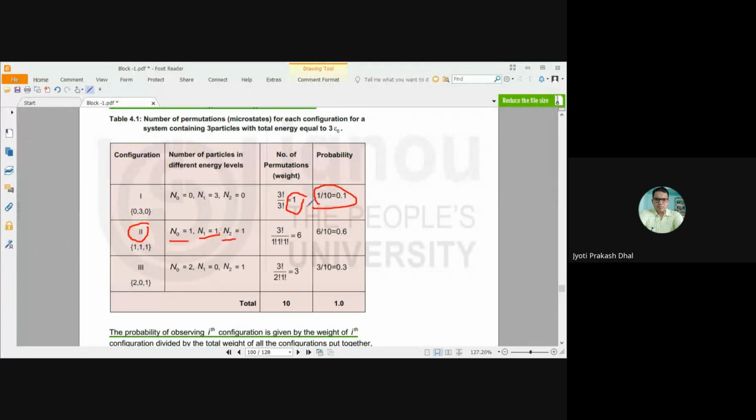So here the number of permutations, the W value, equals n factorial divided by N0 factorial into N1 factorial into N2 factorial. That means 3 factorial divided by 1 factorial into 1 factorial into 1 factorial. So all the denominators become 1, and 3 factorial means 6. And the probability will be 6 by 10, that is 0.6.